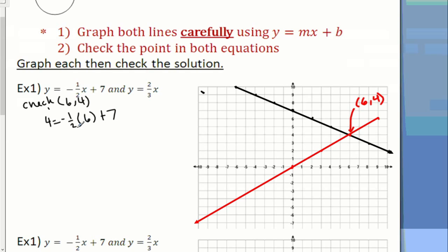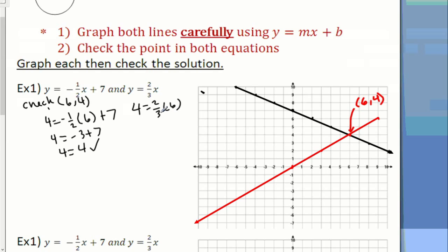Now negative half of 6 is negative 3, plus 7 should equal 4. And negative 3 plus 7 does equal 4. 4 does equal 4. Check. This one works, right? Do it for the other one. Y is 4. So we get 4 equals 2/3 of 6.